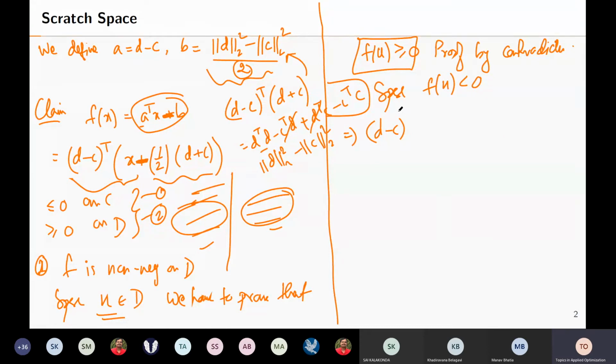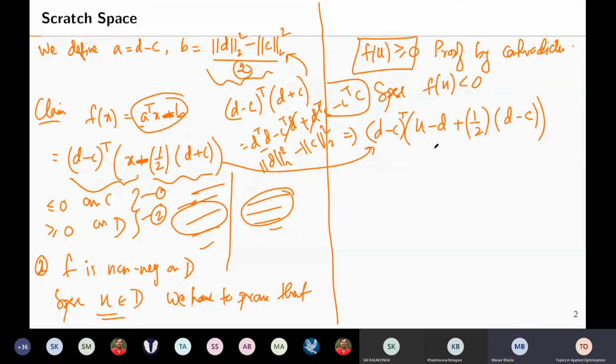So (D minus C) transpose, and this is the same as u minus D, and then it becomes plus half now. Do you agree with this? So this is the same as this.